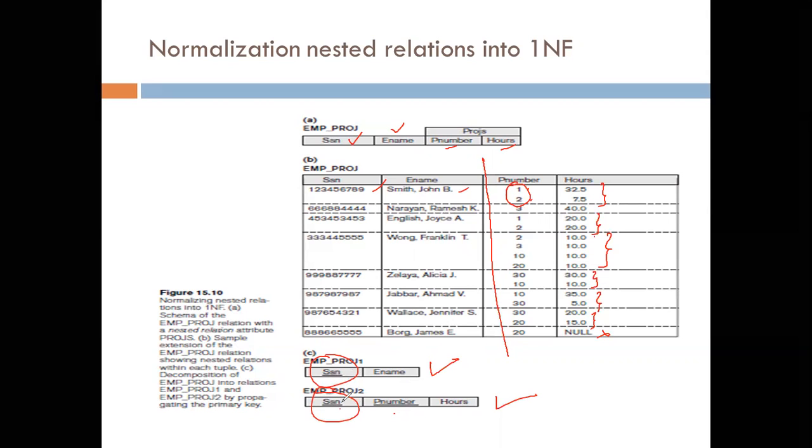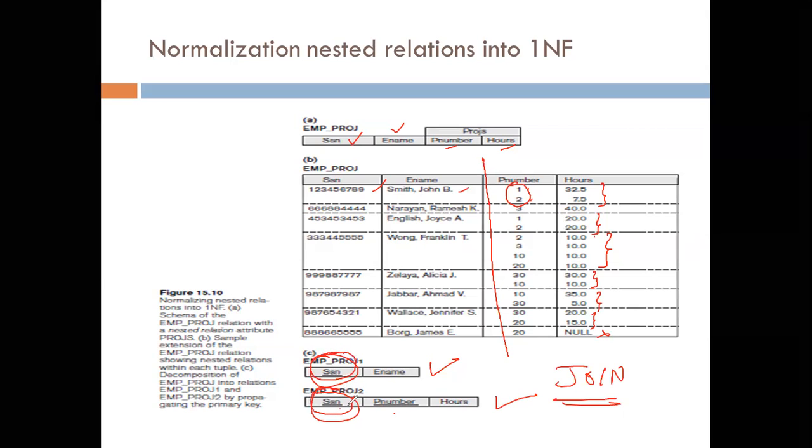If SSN is not present in both the tables, then how will we join the data back? If SSN is not repeated, then there is no means of joining the two. So whatever primary key we have, that has to be repeated.